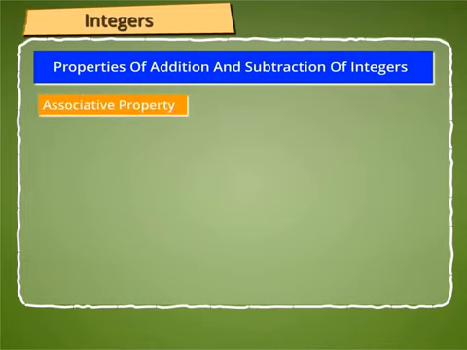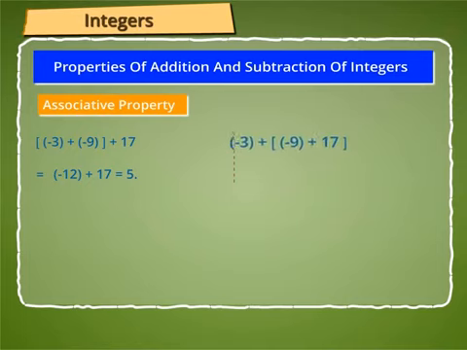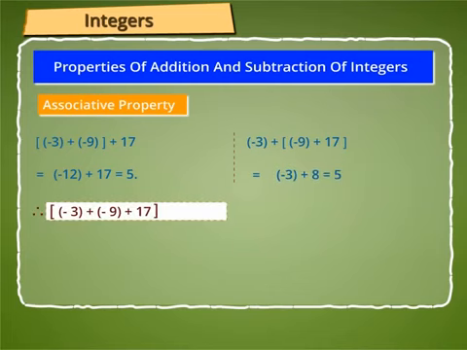Next property is associative property. We know that minus 3 plus (minus 9 plus 17) is equal to minus 3 plus 8 is equal to 5. Also, (minus 3 plus minus 9) plus 17 is equal to minus 12 plus 17 is equal to 5.